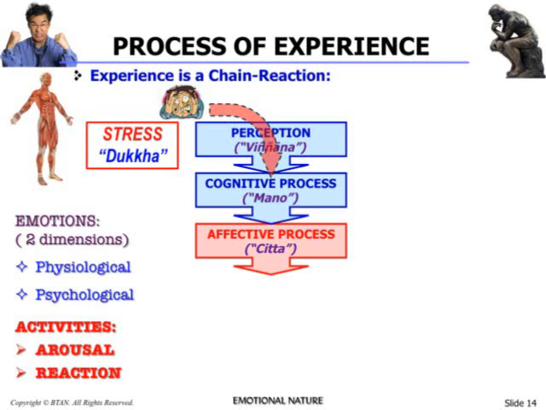Now, realize also what Hans Selye has described as the general adaptation syndrome. Emotion began as a physiological disturbance. A lot of people don't realize that, but now scientists have come to a consensus. That is what emotion is. It began as a physiological change in the body, followed by a psychological disturbance. And in each of these disturbances, there are two activities: arousal and reaction.